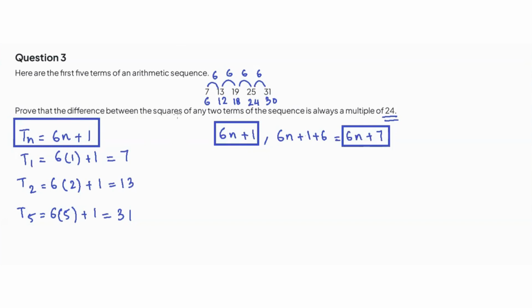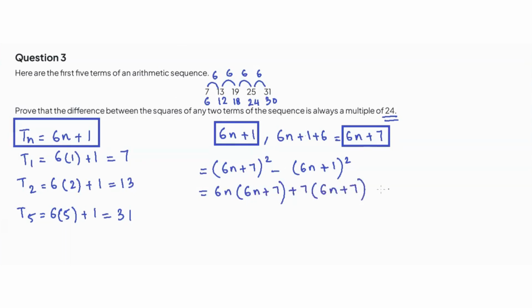The difference between the squares of any two terms means (6n plus 7) whole squared minus (6n plus 1) whole squared. So let's expand this: 6n times (6n plus 7) and plus 7 times (6n plus 7), minus 6n times (6n plus 1) and plus 1 times (6n plus 1).